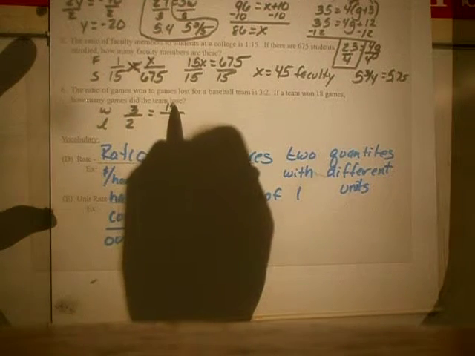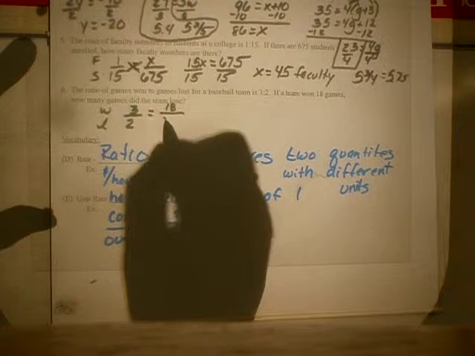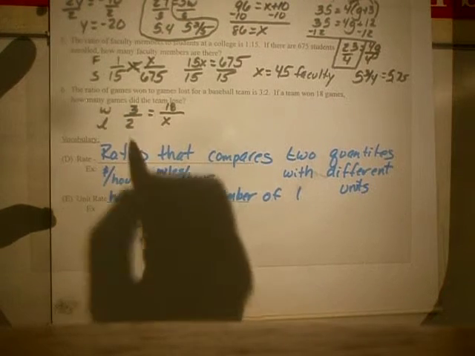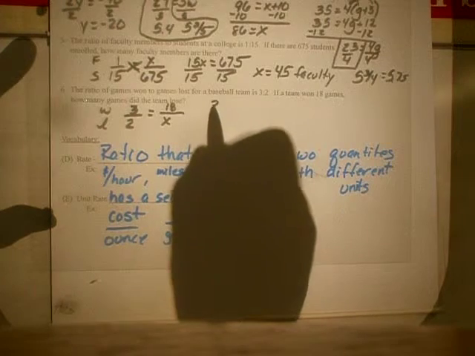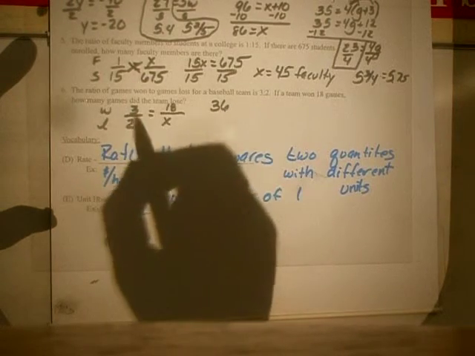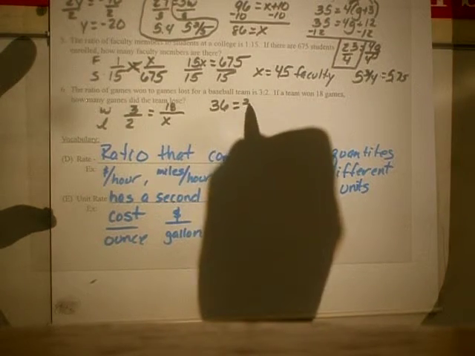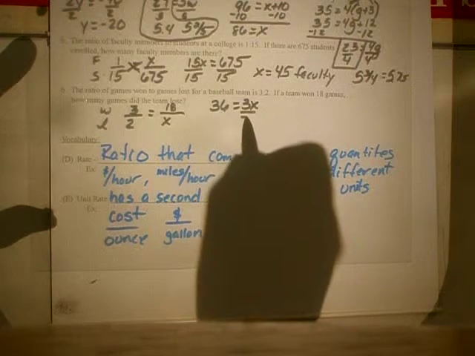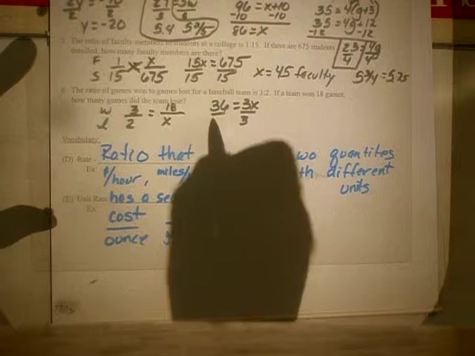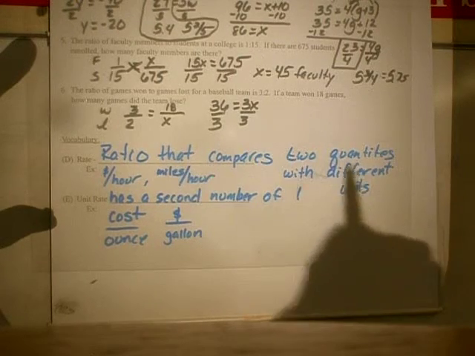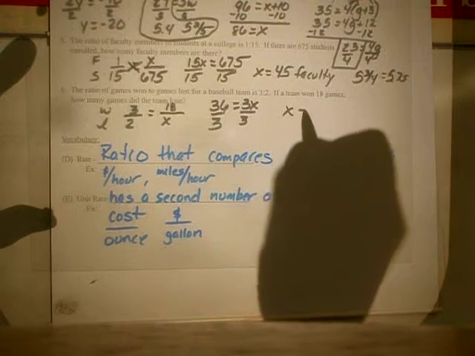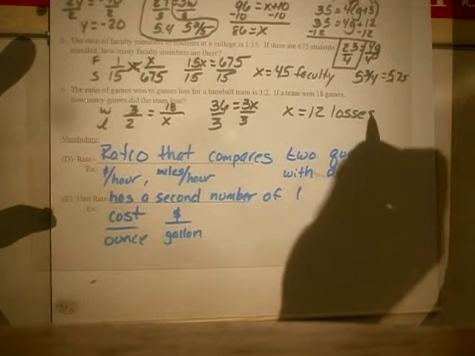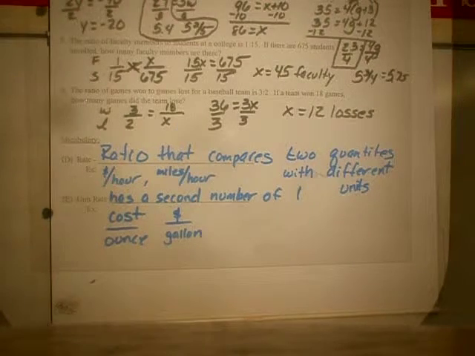So the 18 goes up here. And we're trying to figure out how many they lost. 2 times 18 is 36. 3 times x is 3x. We divide both sides by 3. And we end up with 12. So that team had 12 losses.